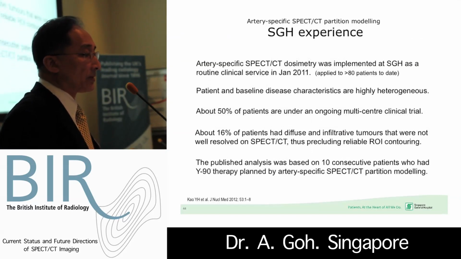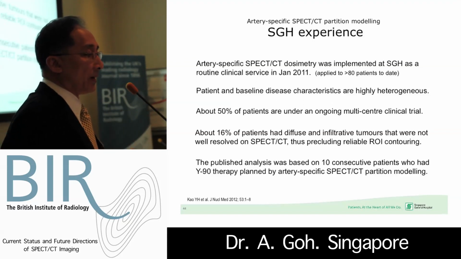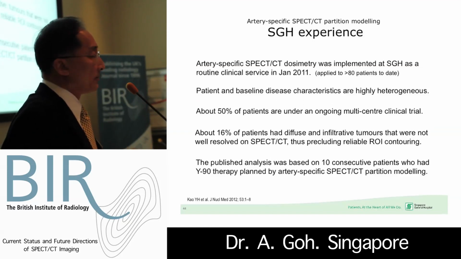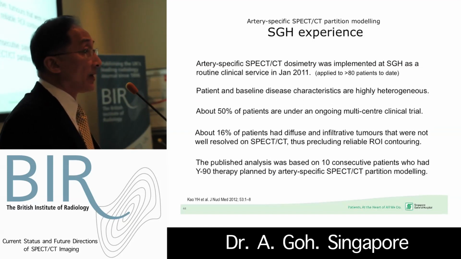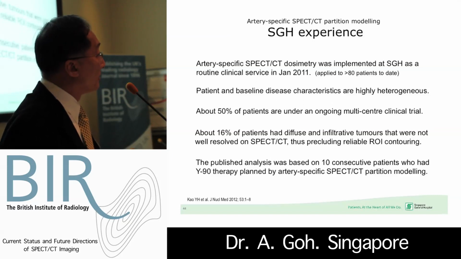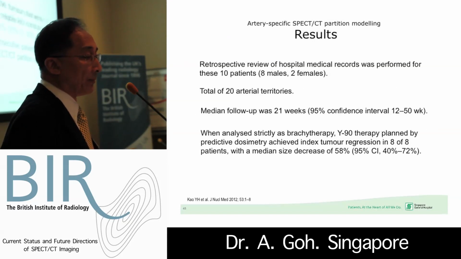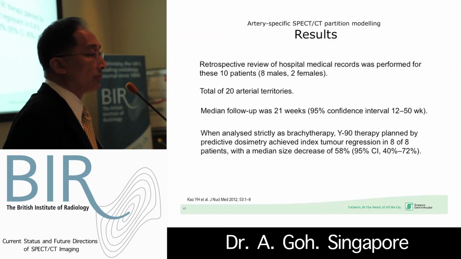Okay, so we have actually to date treated about 80 patients using the methodology I described. But the publication has just come out in JNM electronic edition last month, in which we reported just 10 cases, 20 vascular territories. The reason being we wanted to look at longitudinal data. So these studies were analyzed in detail, 20 arterial territories in 10 patients with a median follow-up interval of 21 weeks.